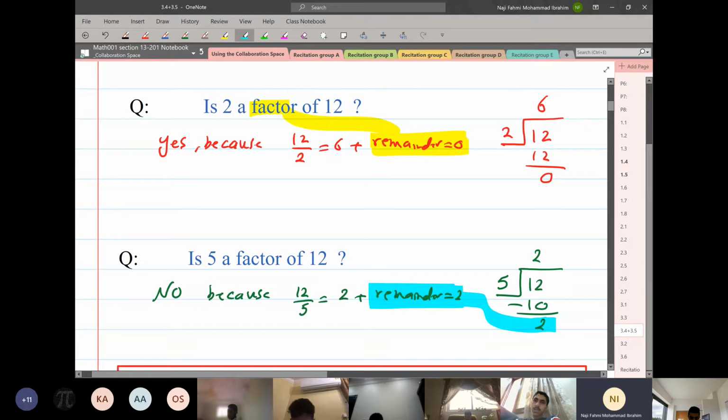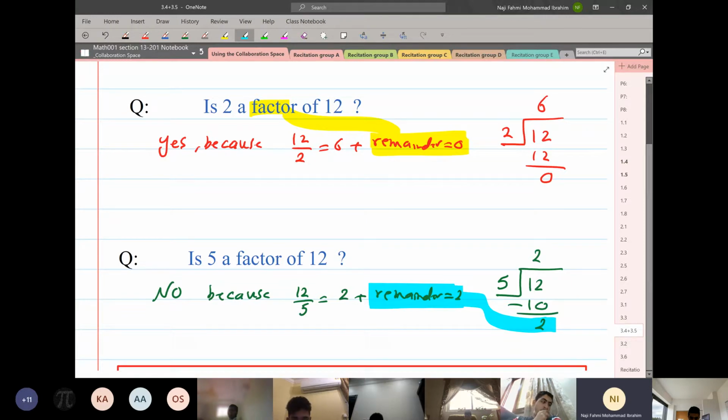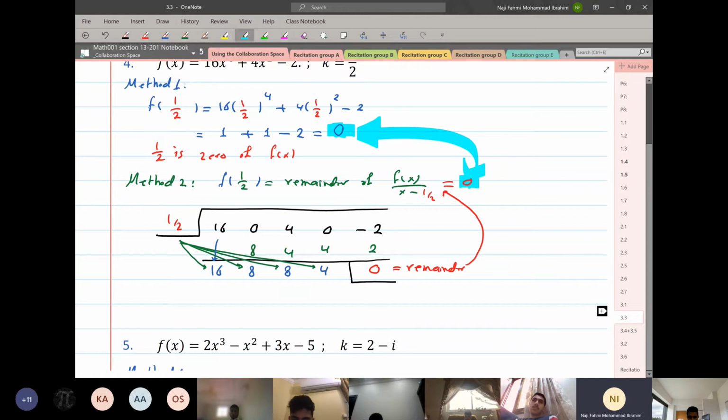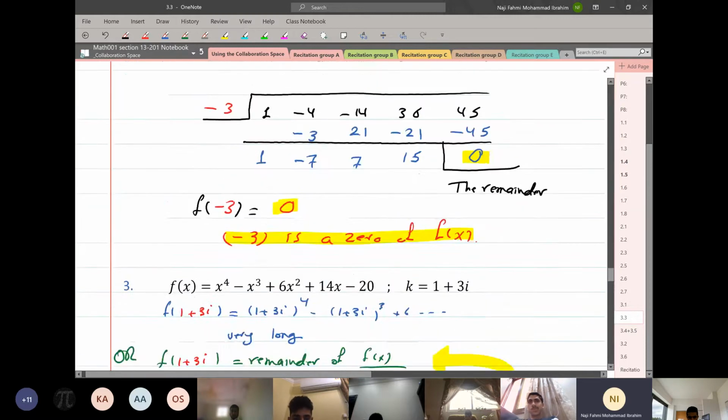This is the exact same method that we will use with polynomials. So when will I say that a polynomial is a factor of another polynomial? If the remainder is 0. Now, how can I find the remainder? We have to remember what we took in 3.3. Remember the remainder theorem?